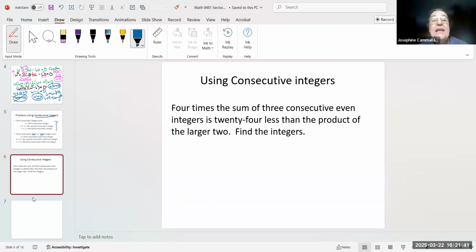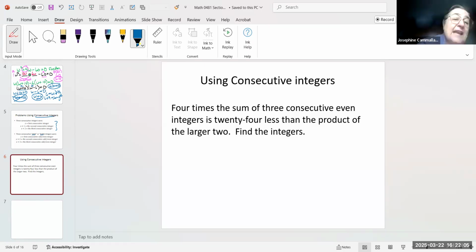Okay. The sum of 3 consecutive even integers is 24 less than the product of the larger 2. Find the integers. Okay, we've read the problem.